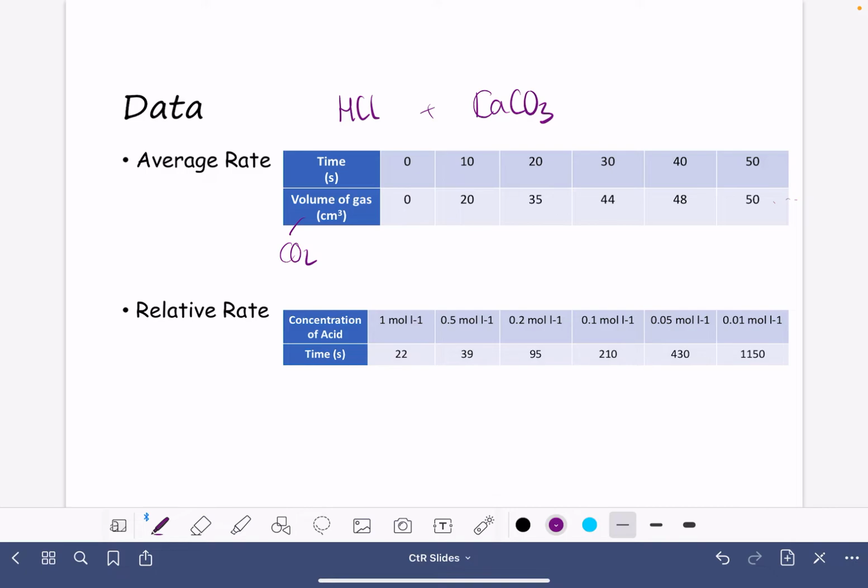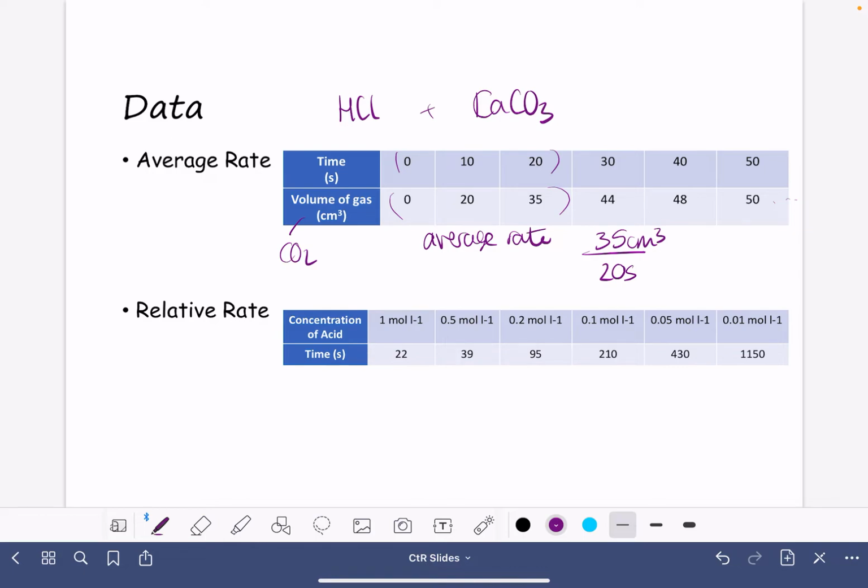But let's say we wanted to find out what was the average rate in the first 20 seconds. Okay, so that's from 0 seconds to 20 seconds. Well, 35 centimetres cubed of gas was released in that time.